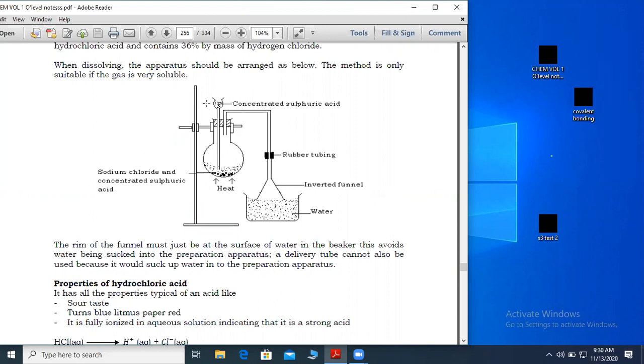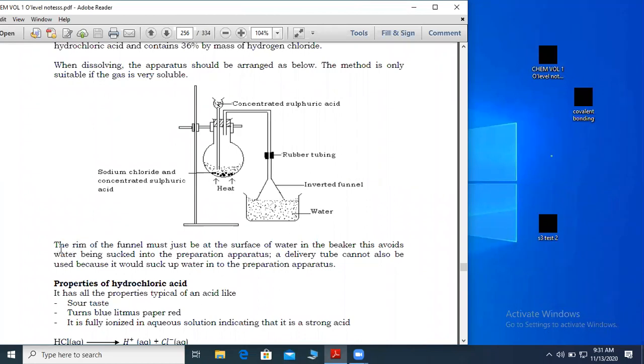And when concentrated sulfuric acid reacts with sodium chloride, hydrogen chloride gas is produced, which is led through this delivery tube, and it is dropped into water using an inverted funnel.